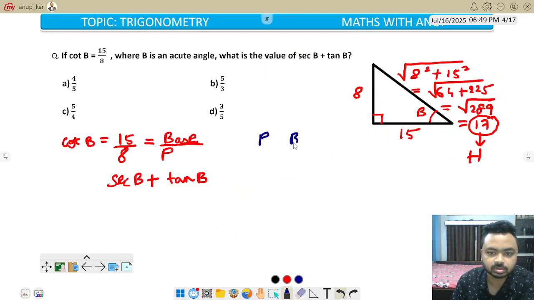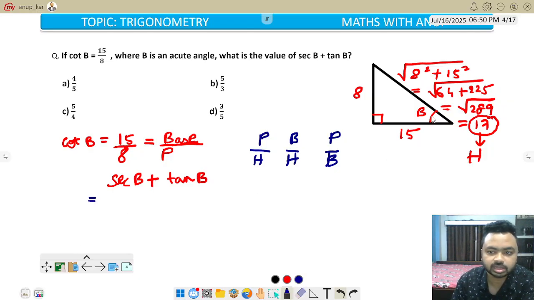This is just a trick to remember the trigonometric ratios easily. My sec is nothing but the reverse of this one. This is my cos ratio, so sec will be H by B.